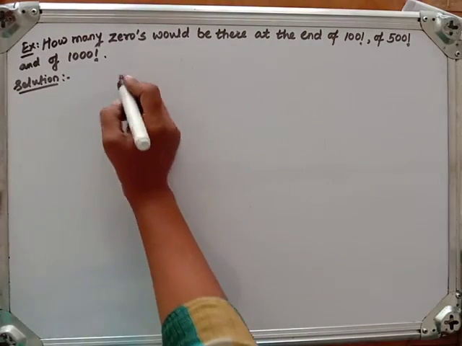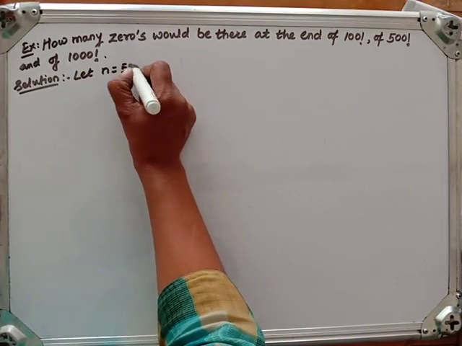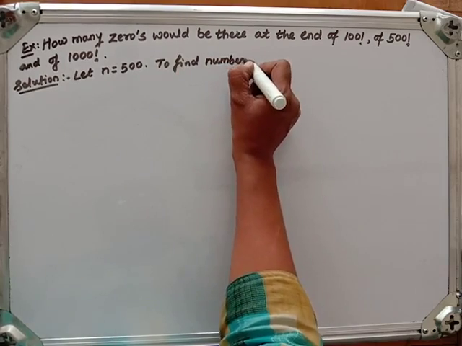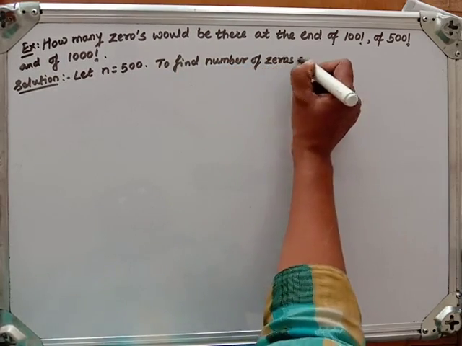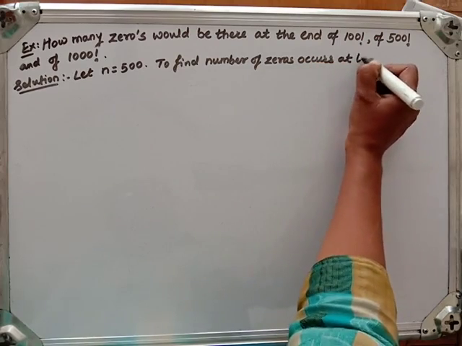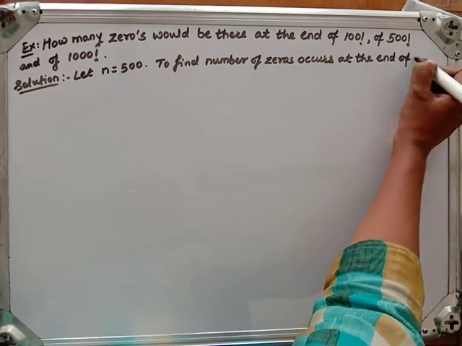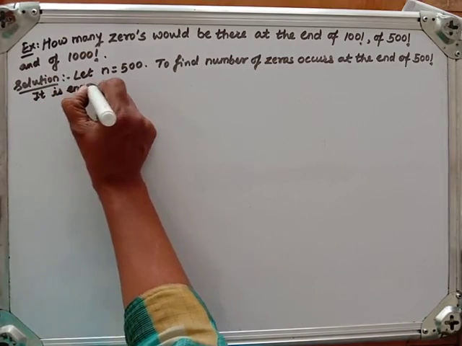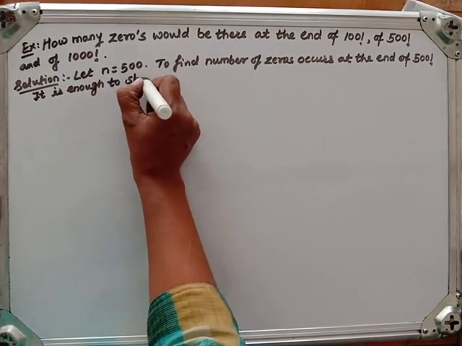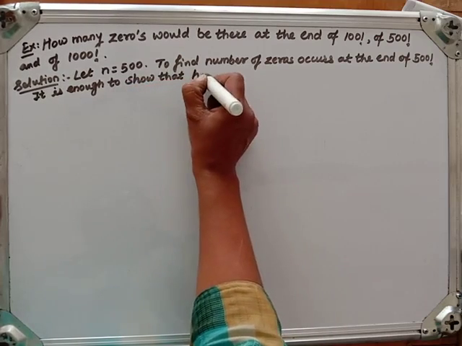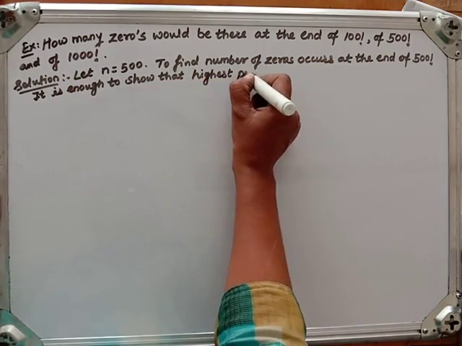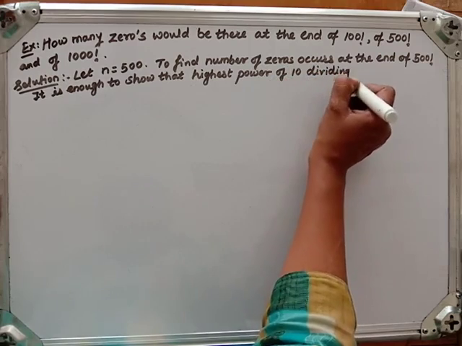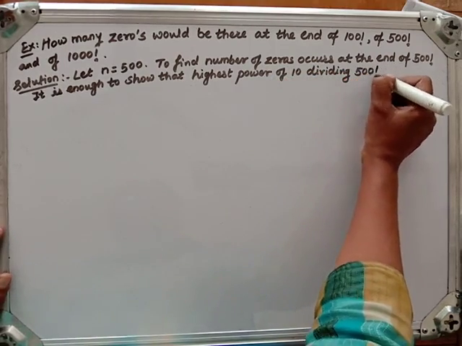Okay. So let n equal to 500. Now to find the number of zeros that occur at the end of 500 factorial, it is enough to show the highest power of 10 dividing 500 factorial.